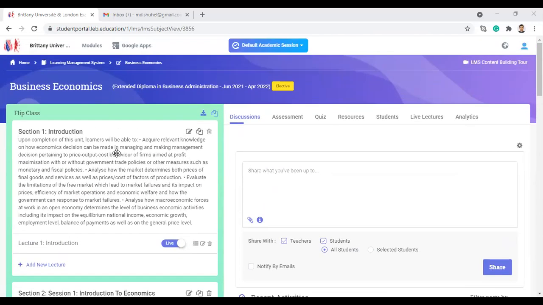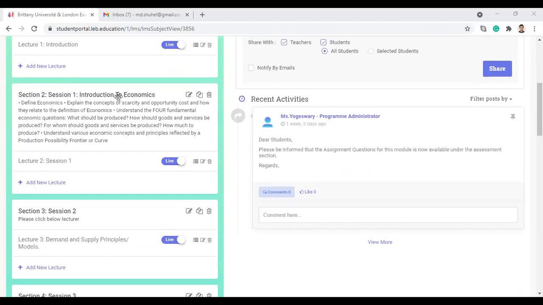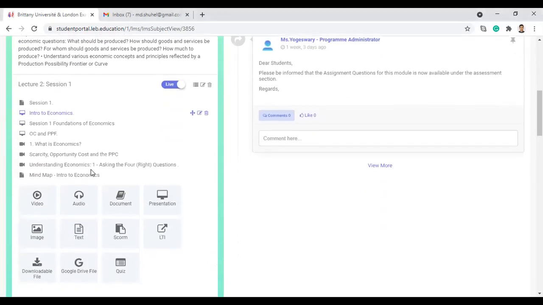Basically, in the introduction, you get all the information, including your assignment cover page. And session one starts, you can get all the resources here.